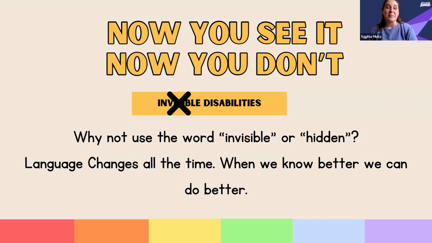The idea of being an invisible disability also has connotations that this disability is not as valid, or it doesn't prove enough that they're disabled enough. So I no longer use the word invisible disabilities or hidden disabilities, instead changing my language to say non-apparent disabilities, because the disability community prefers it.